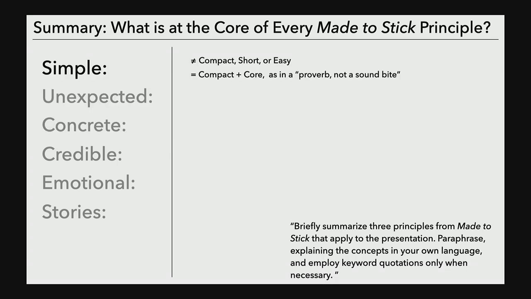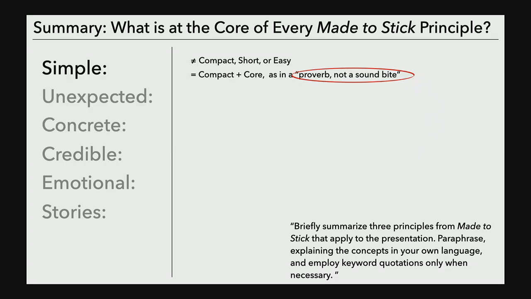But if you're going to use this in your definition, it doesn't show your understanding very well. It relies on a shared understanding of what a proverb is and what a soundbite is. And we want you to push a little further into the definition and into the book itself to come up with your core understanding of this idea.